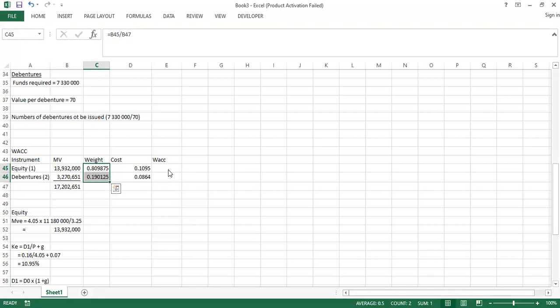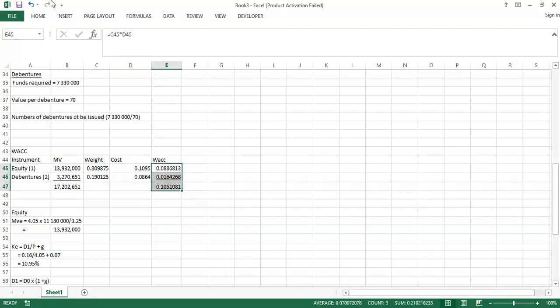All right, and then you multiply that weight by cost. So your weight by the cost gives you that there. Then again, you repeat the same thing there, your weight by cost. So your weighted average cost of capital is basically the total of these two here, which is that amount plus this amount, your 10.51.